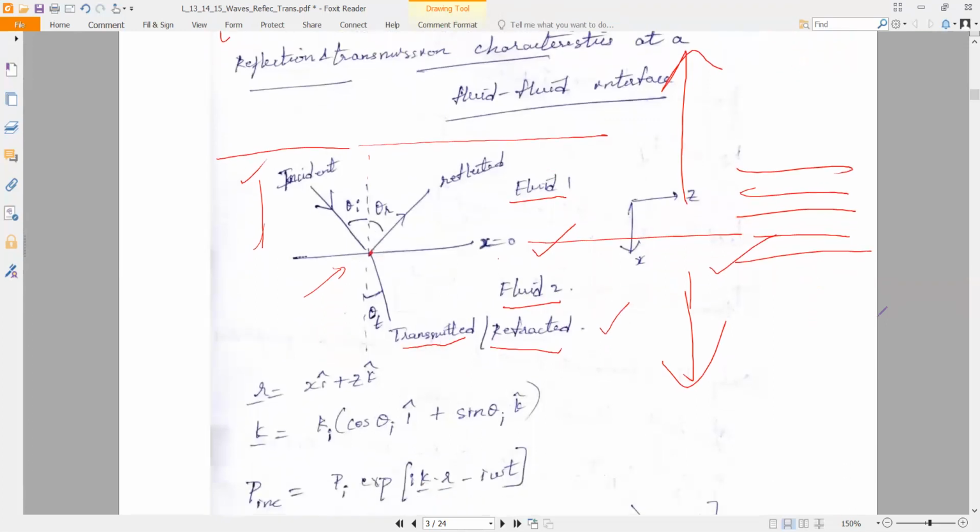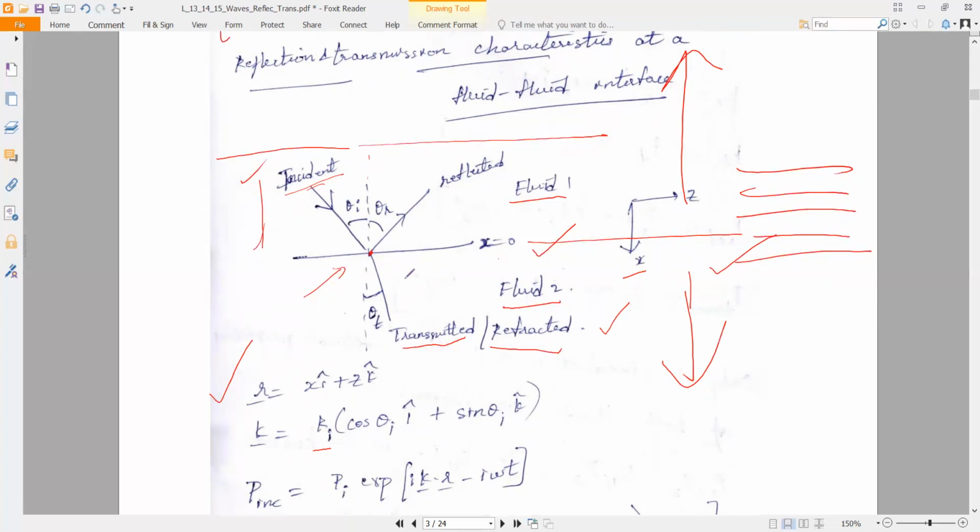Let us analyze this. As you can see, this is a two-dimensional problem, so I chose a reference axis in terms of two basis vectors, x and z. r is my corresponding position vector, x i plus z k hat. k is the wave vector of the incident wave. Let the wave number of the incident wave be k_i, and you can write it in vectorial format.